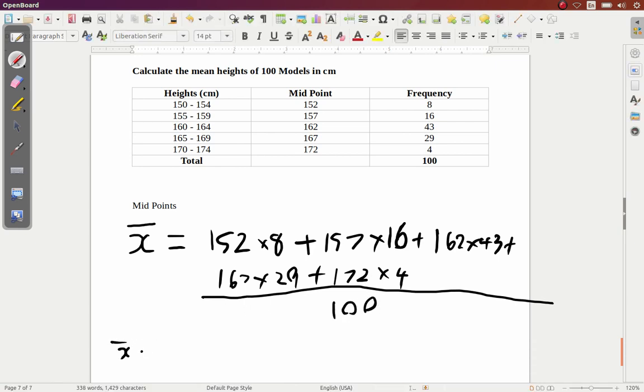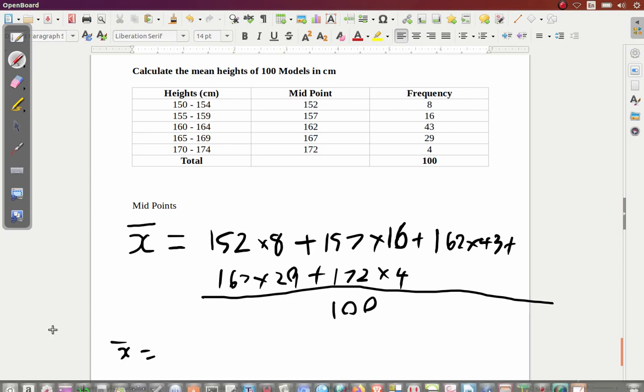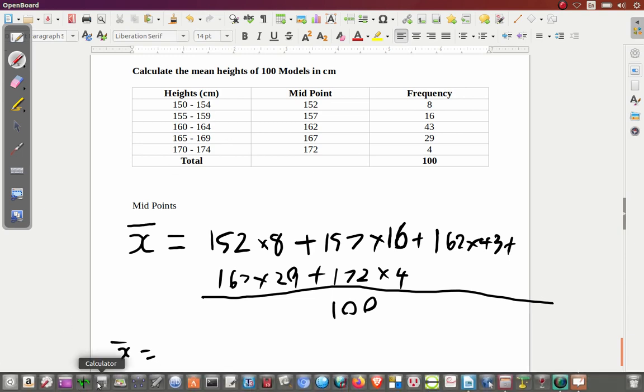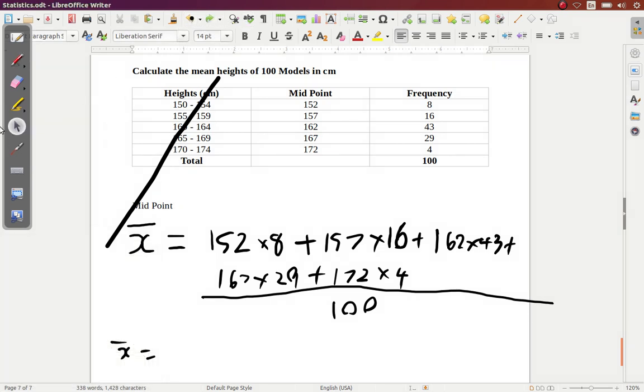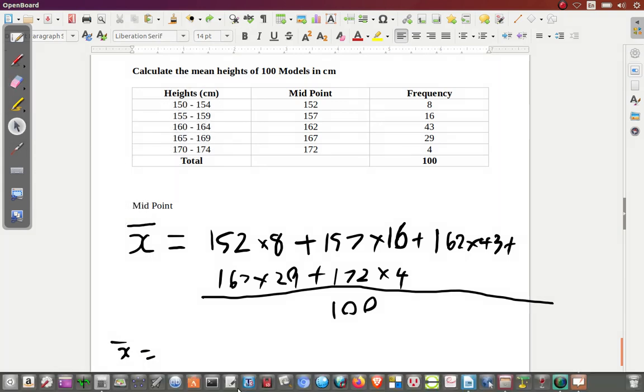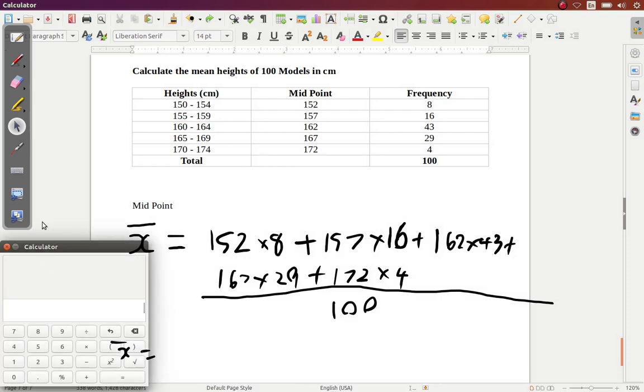So, x bar, the mean, is equal to, alright, let's put them all together. Let me erase this, that was accidental. Alright, so we go back to what we were doing.